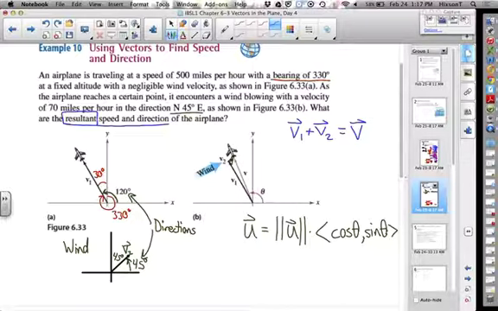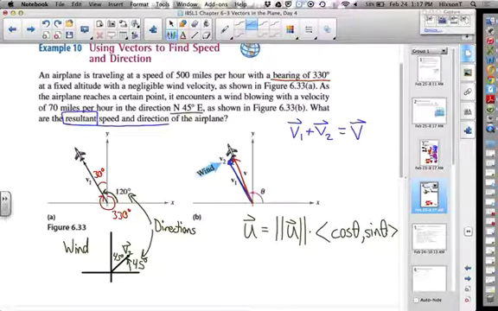Adding vectors. Vector addition. Okay? That's where we have this equation here. V1, what the plane is trying to do, plus what the wind is doing, will equal this vector v. And vector v is what actually happens. Okay?